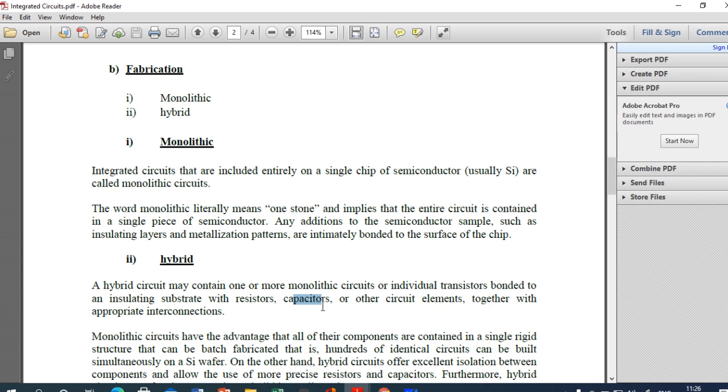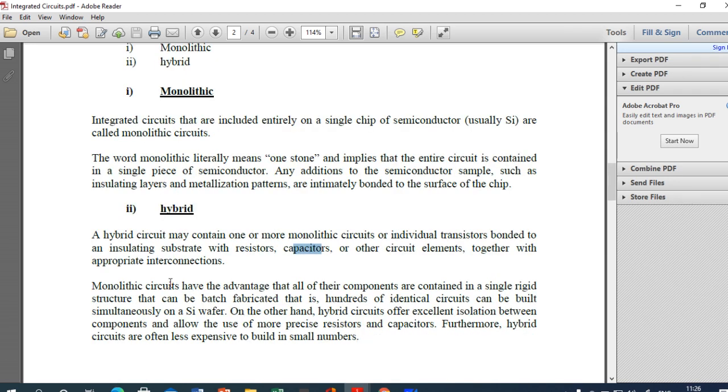Now, what is the difference between monolithic and hybrid in terms of application or advantage? Monolithic circuits have the advantage that all of their components are contained in a single rigid structure, so they can be batch fabricated. That is, hundreds of identical circuits can be built simultaneously on a single silicon wafer.